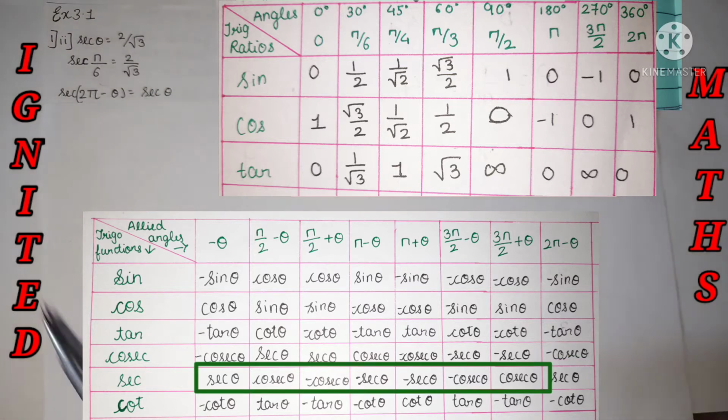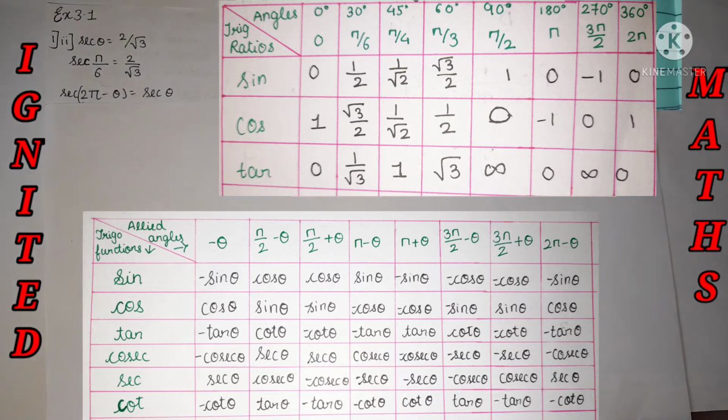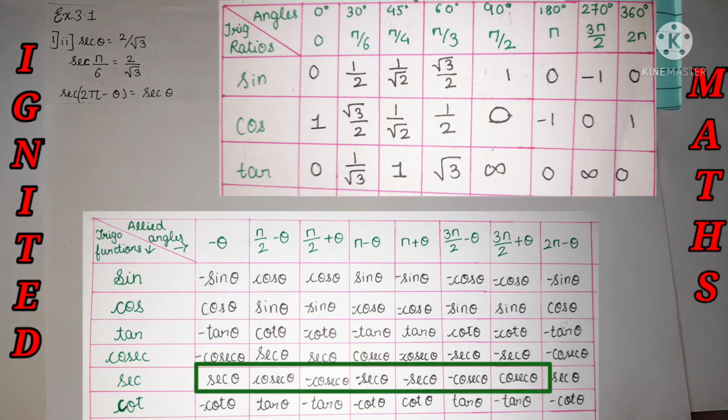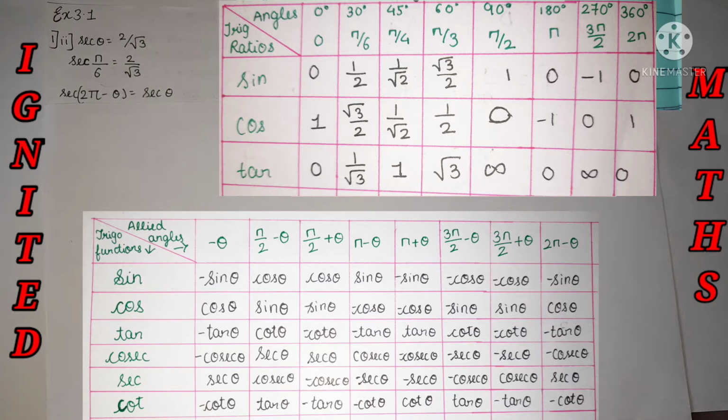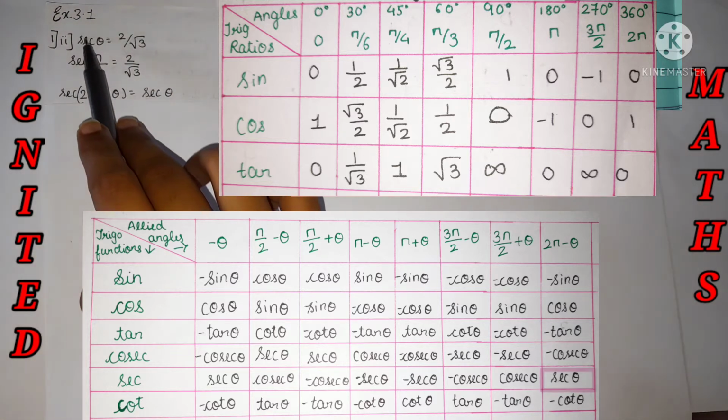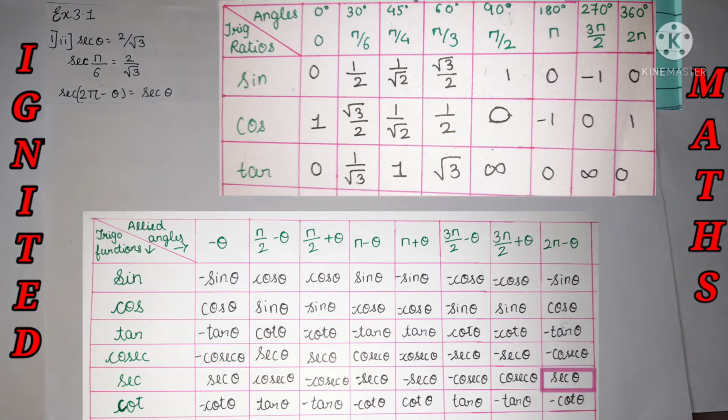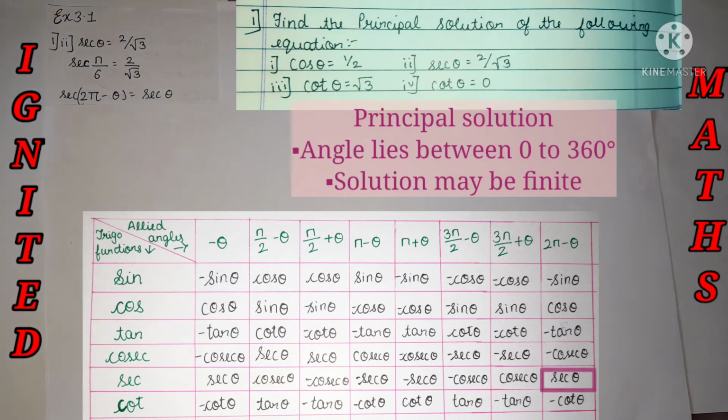If we do it with sec of pi minus theta, pi by 2 minus theta, or pi plus theta, in any of the complementary or supplementary cases, I'm getting the negative term. So for sec of 2 pi minus theta, we get the positive value because sec is positive here; 2 by root 3 is positive. We need to get sec of 2 pi minus theta is equal to sec theta, in this form.